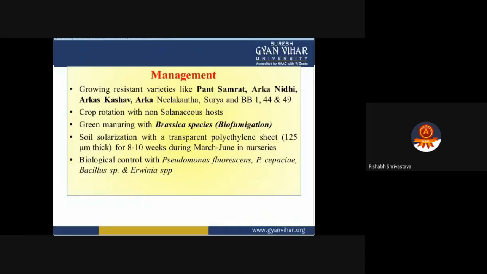Crop rotation with non-solanaceous hosts, green manuring with Brassica species, biofumigation, soil solarization with transparent polyethylene sheet, 125 micrometer thick, for 8 to 10 weeks during March to June in nurseries, and biological control with Pseudomonas fluorescens, Pseudomonas capacia, Bacillus species, and Erwinia species.